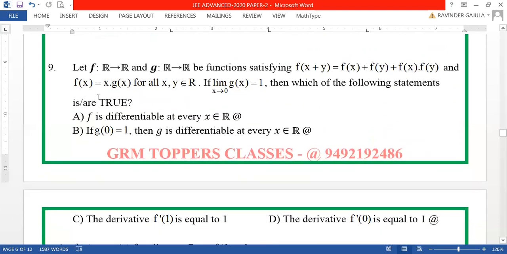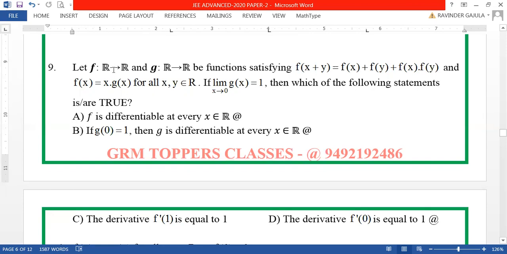And dear friends, in this 9th question, let f: R to R, g: R to R be functions satisfying f of x plus y equal to f of x plus f of y plus f of x into f of y, and f of x equal to x into g of x for all x, y belongs to R. If limit x tends to 0, g of x equal to 1, then which of the following statements is true?